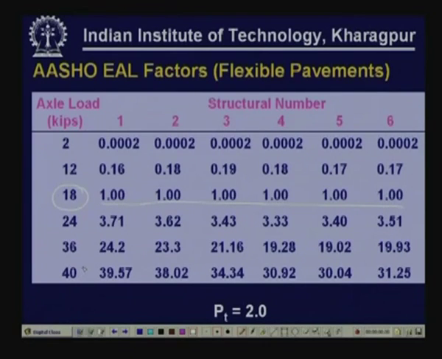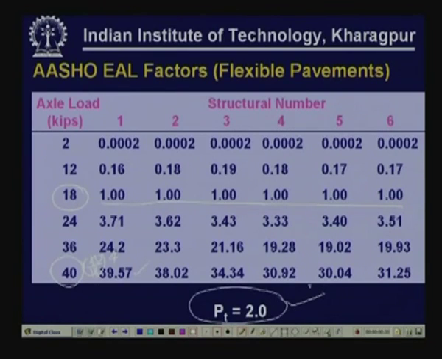If you consider a 40,000 pound axle load, this should approximately correspond to 40 by 18 to the power 4, so approximately equal to 39.57, but this is a more precise value as obtained in the AASHO road test.